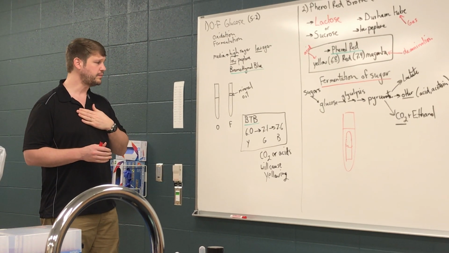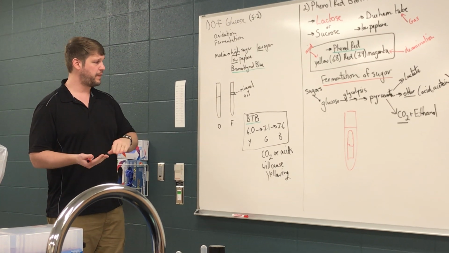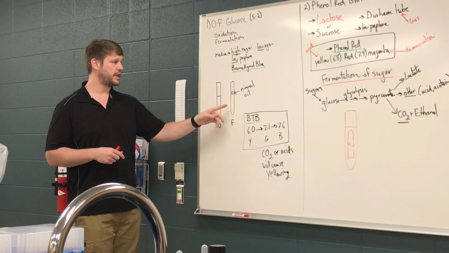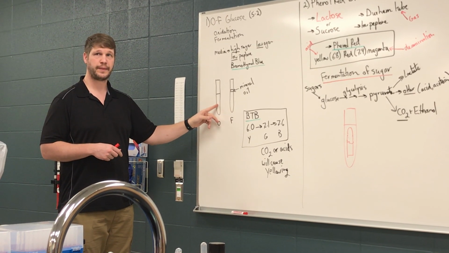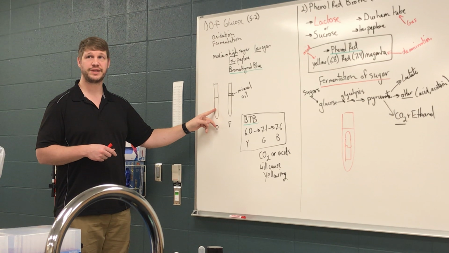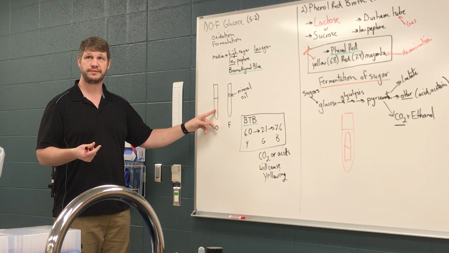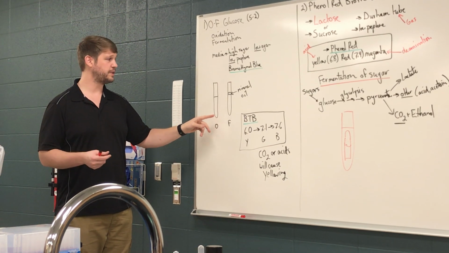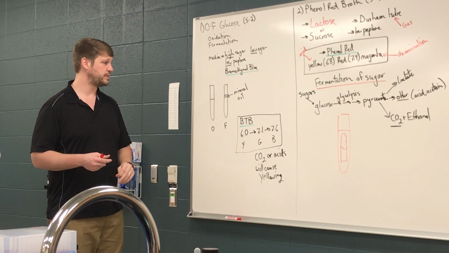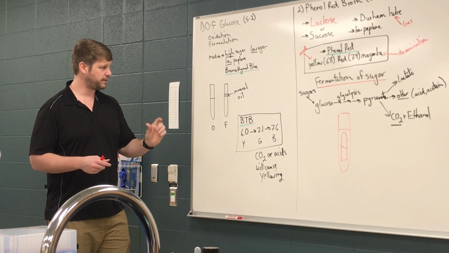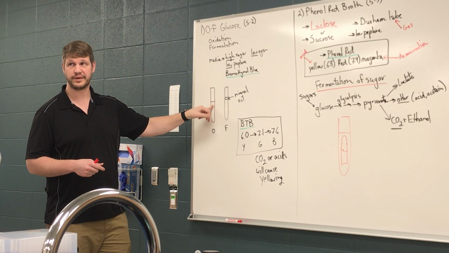So an organism that can ferment glucose is actually going to give you a positive in both of these tubes. Fermentation doesn't require oxygen, but it can still happen even when oxygen is present. So an organism that's capable of fermenting is actually going to give you a positive in both of these tubes.